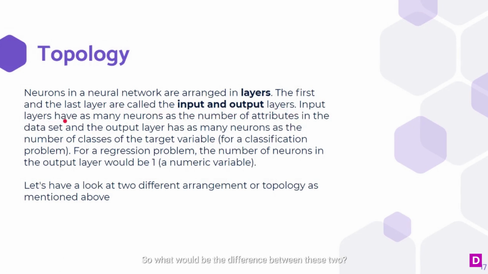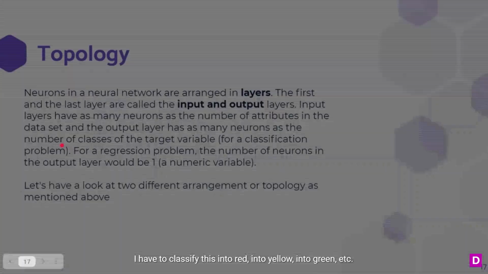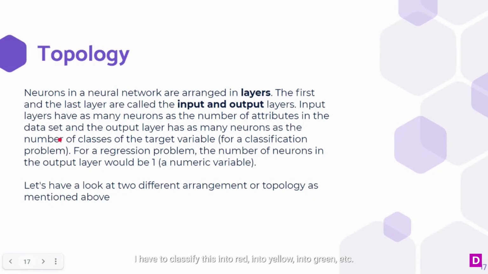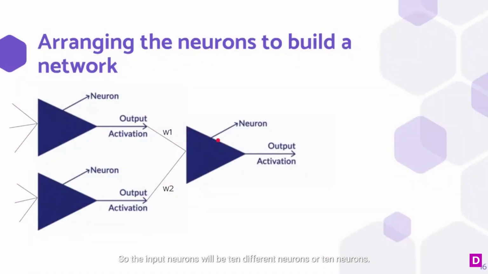So what would be the difference between these two? Say now I have been given 10 different colors, and my task is to classify these colors accordingly. I have to classify them into red, yellow, green, etc. When we approach a machine to do this task, we probably end up with a neural network where the input signals would be 10 different colors, so the input neurons will be 10 neurons.